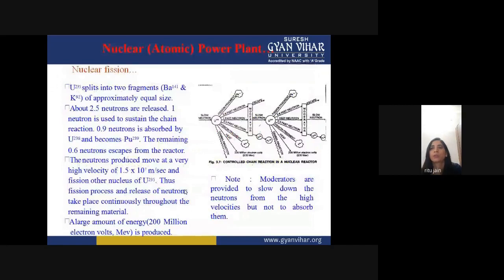Now we come to nuclear fission. You can see that uranium 235 splits into two fragments, barium 141 and Kr92, of approximately equal size.